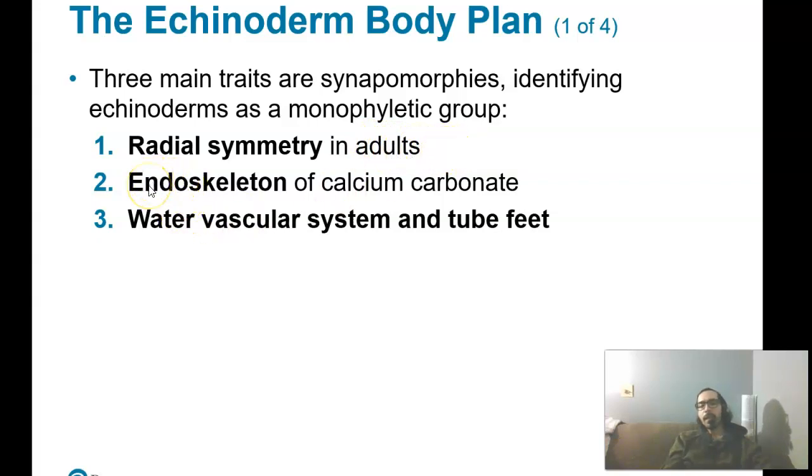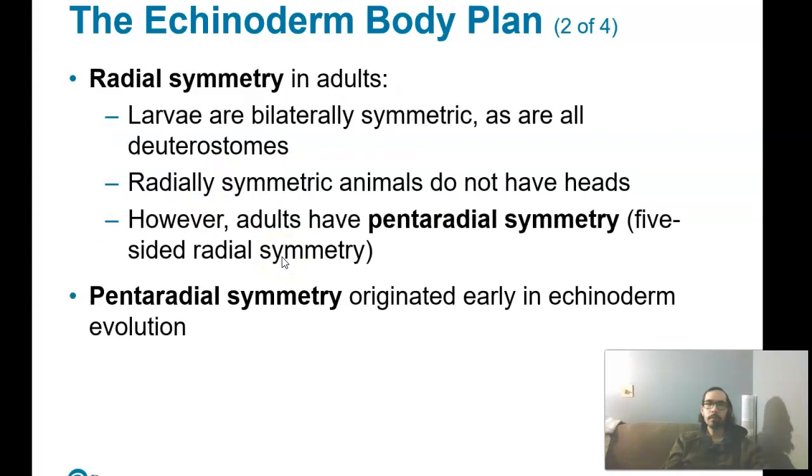The second trait is they have an endoskeleton of calcium carbonate, and they also have a water vascular system and tube feet. Okay, so they do have radial body symmetry as adults. The larvae have bilateral symmetry.